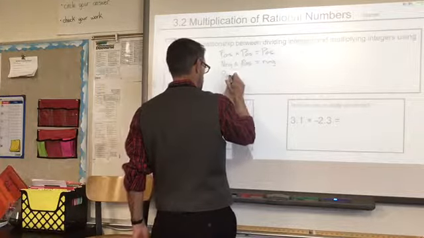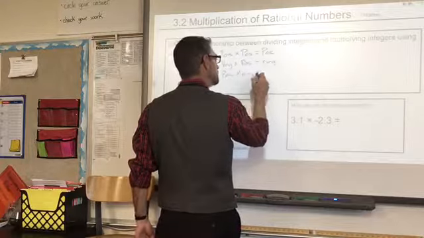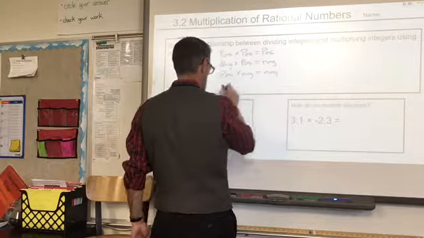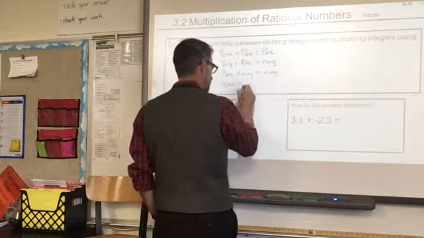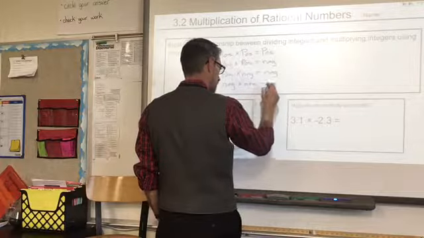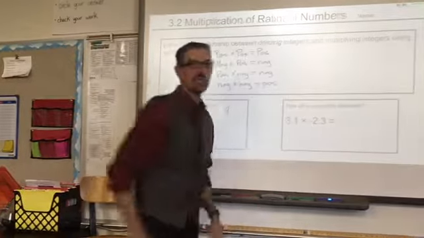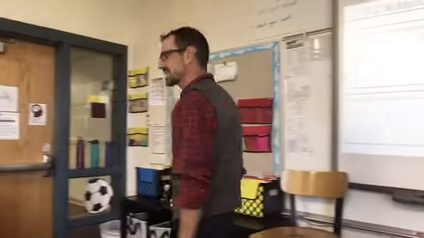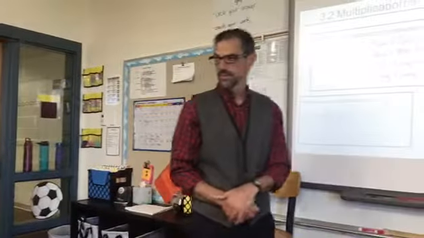And a positive times a negative is a negative. And the last one is if we have two negatives, it will also equal positive. Basically, the way it works, guys, is if the signs are the same, it's a positive answer. If the signs are different, it's a negative answer.